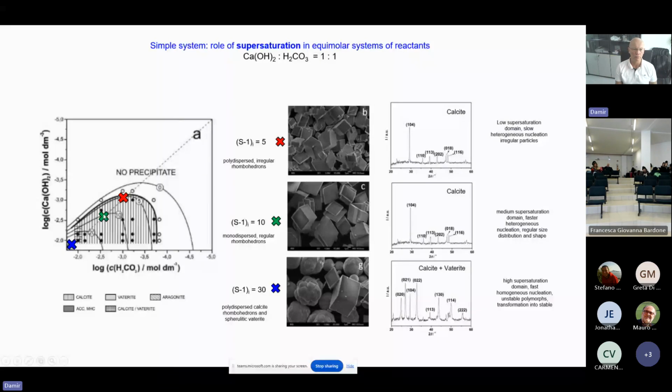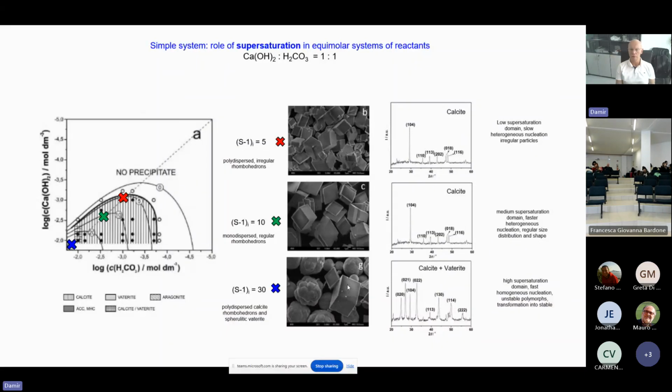At increased supersaturation 10, we also obtained rhombohedrons, but they were completely monodispersed. They are about the same size, and they are regular. And finally, at high supersaturation, we obtain spherulitic particles that are vaterite. We know this is vaterite, and these rhombohedrons are very regular, and they belong to the calcite part of the precipitate.